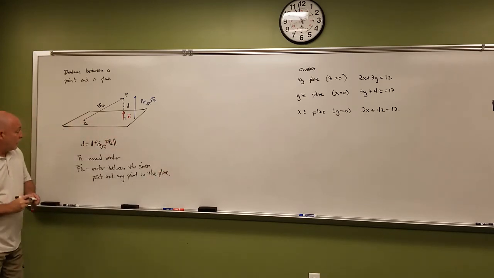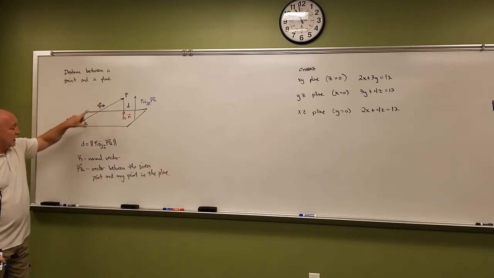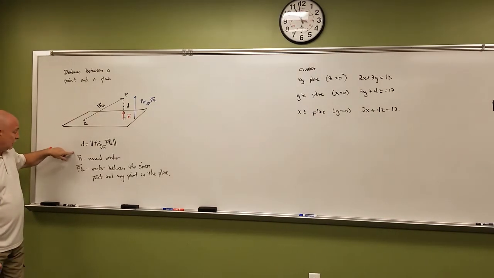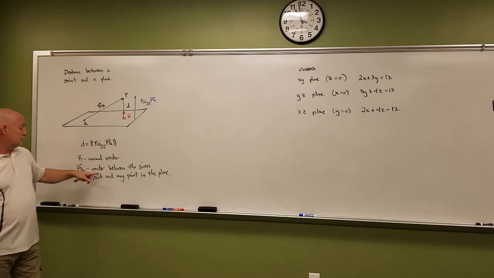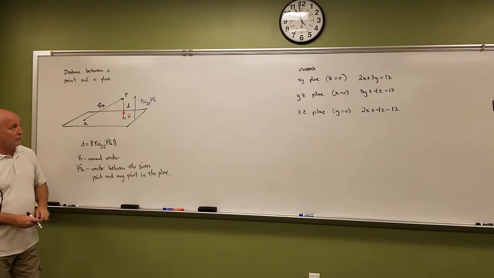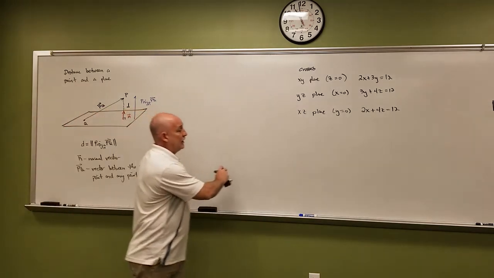Okay, so there you go. That will tell us the distance between a point and a plane. You just need a normal vector, which we're going to get from the equation of the plane, and the vector PQ, which is the vector between the given point and a point in the plane that we'll be able to find. So let's go ahead and give this a shot.